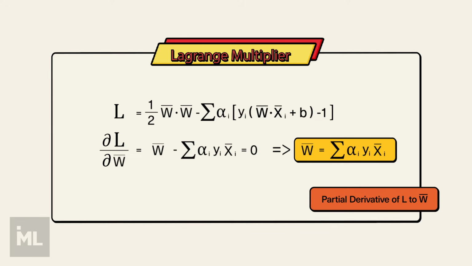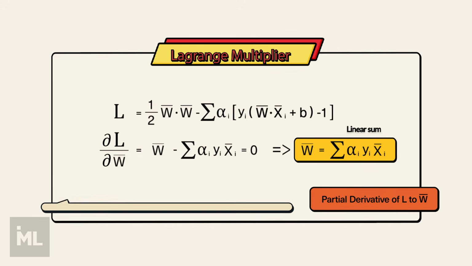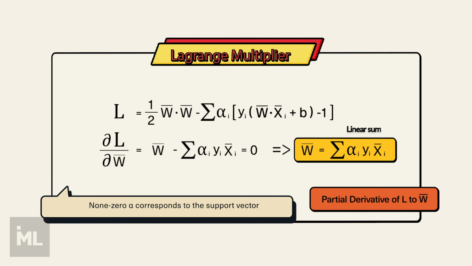This is very interesting. It tells us that vector w can be obtained as a linear sum of the sample vectors. Actually, at the end of the optimization, a lot of alpha i are going to be 0, and the non-zero alpha i correspond to the samples in the gutter, which are the support vectors.